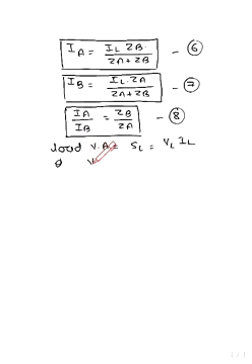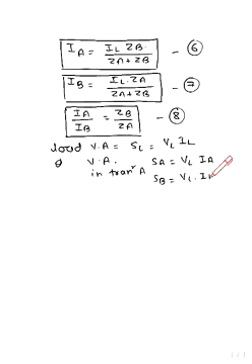Similarly, the load current of transformer B will be IL ZA upon ZA plus ZB. When we divide both, we find that the ratio of load currents IA upon IB is inversely proportional to the impedance.